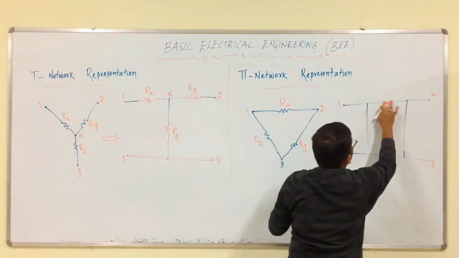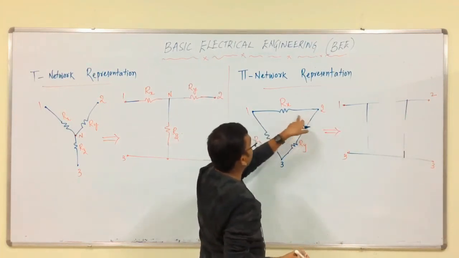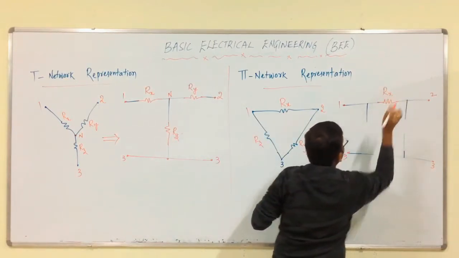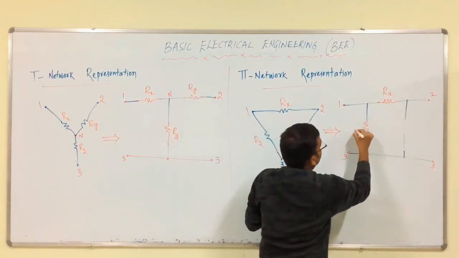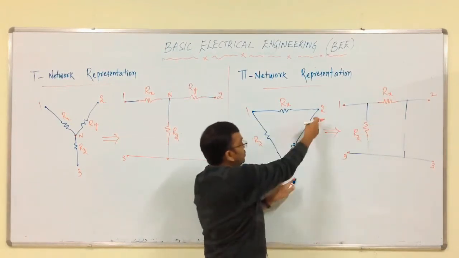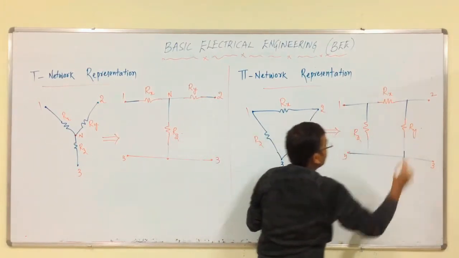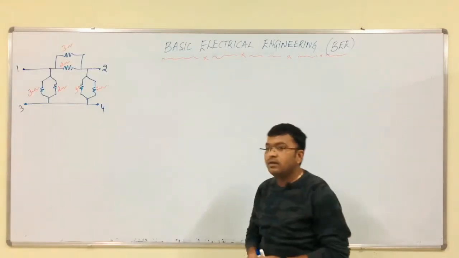So between 1 and 2 we have R x, no? This is R x. Between 1 and 3 we have R z. Between 2 and 3 we have R y. So, like this we have to represent in T and pi network.